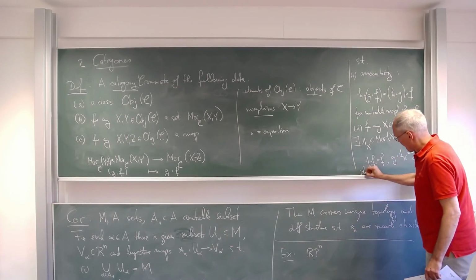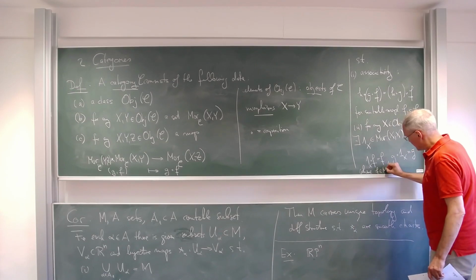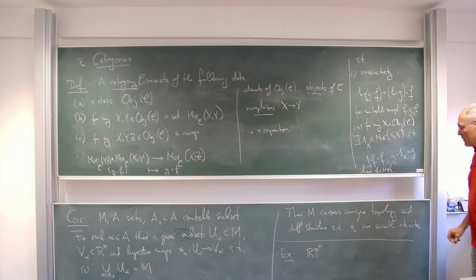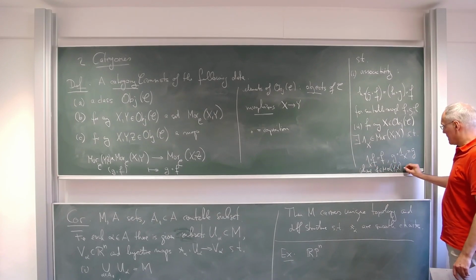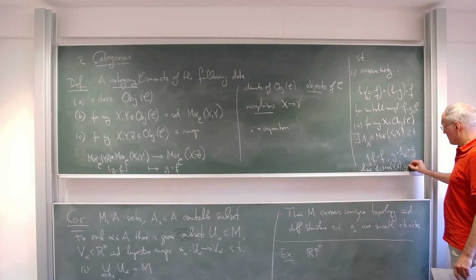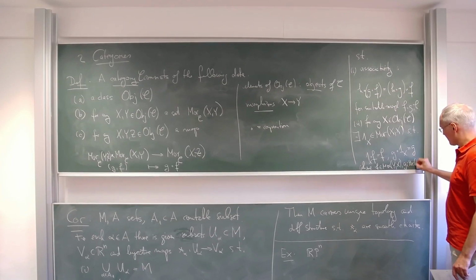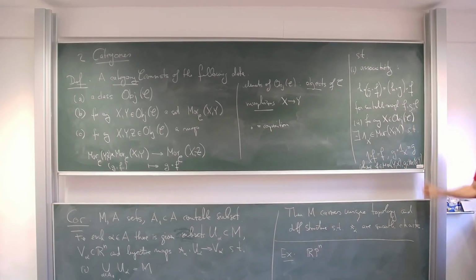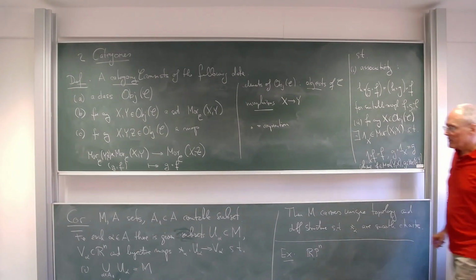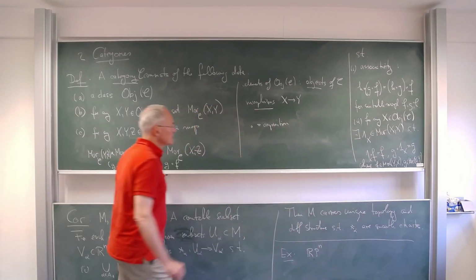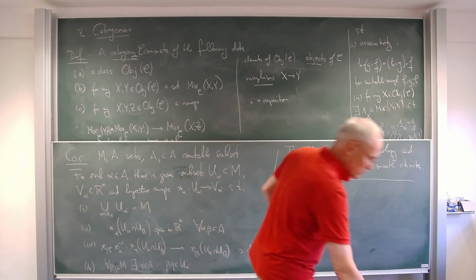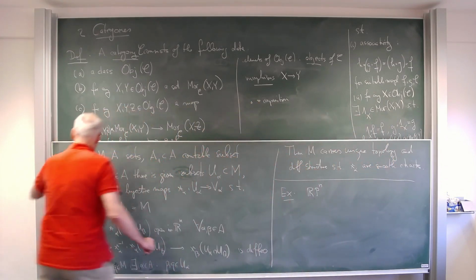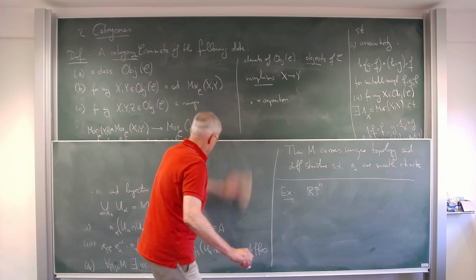Where F is a morphism from some place to X, and G is a morphism from X to some place, so that these compositions make sense. So these are the axioms. And before I come to examples, a few remarks about this.